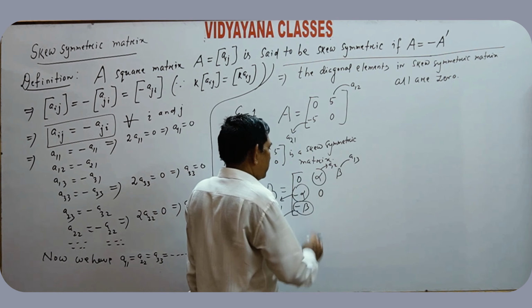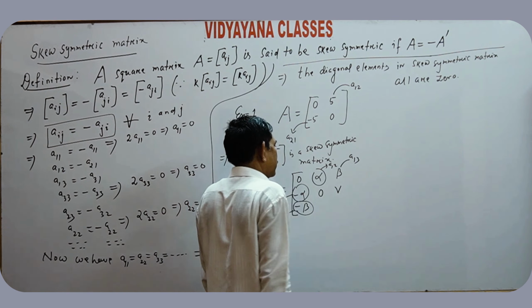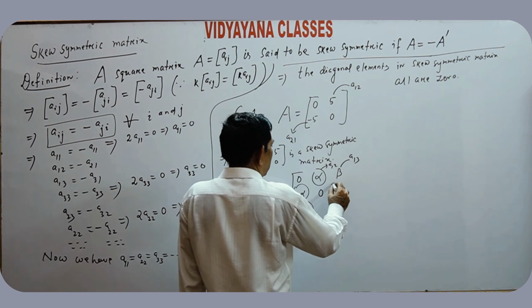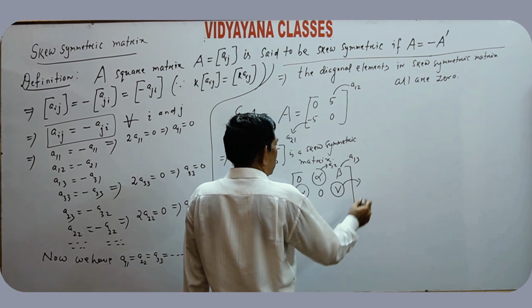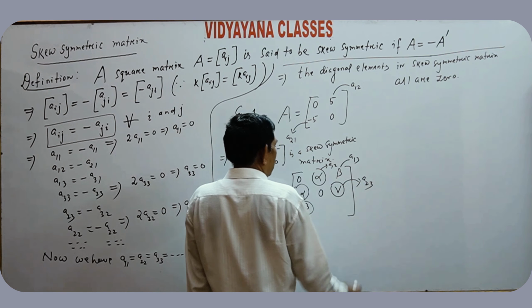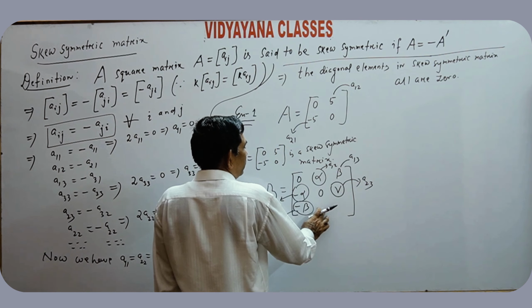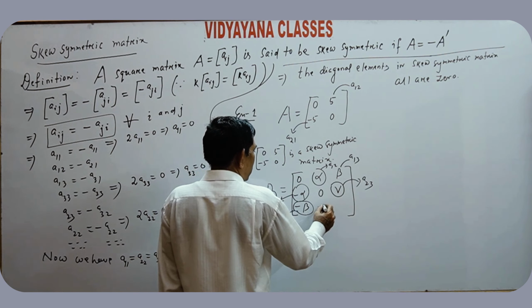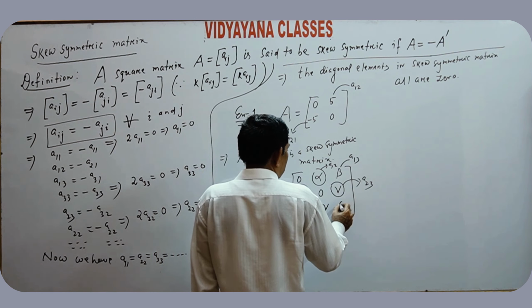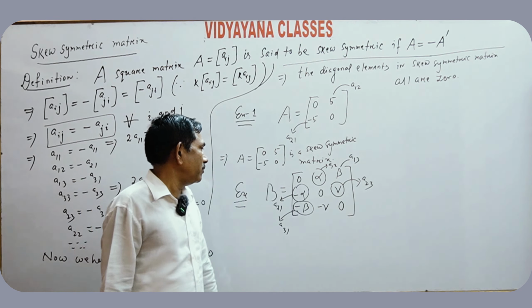All diagonal elements are 0. Suppose it is gamma, the element of second row, third column. The element of third row and second column is minus gamma. So the diagonal elements all are 0.